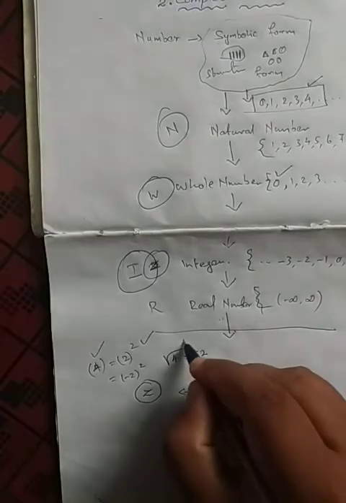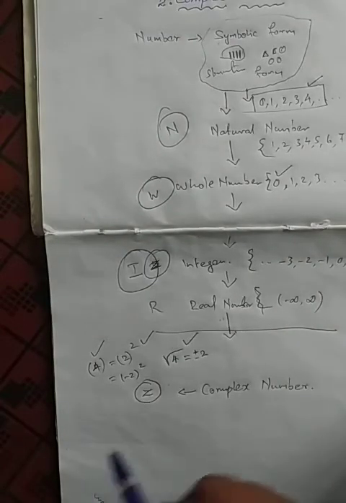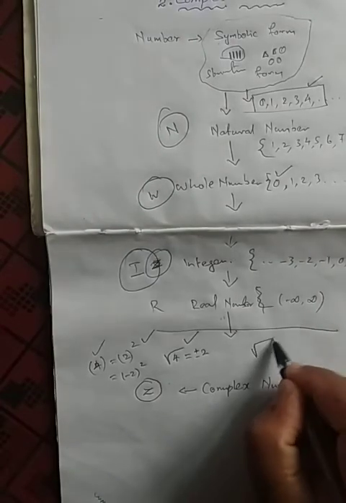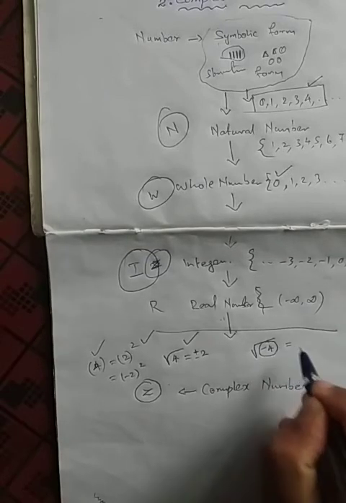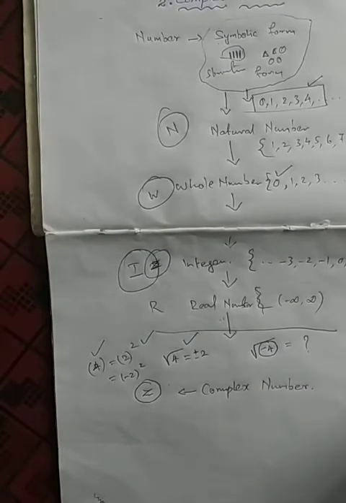That is fulfilled by real numbers. Now it comes to taking the square root of minus 4. What will be the value here? Do you have any idea about this one? What is the value for root of minus 4?